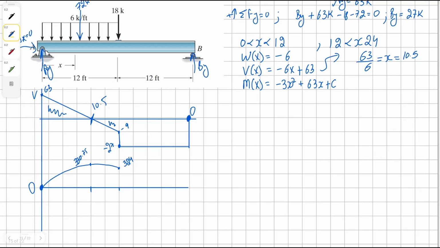After that, we just have this rectangular area, and it's negative. We're going to have negative 27 times 12, which is negative 324, and this curve is going to be first order, and also gets it to 0, confirming that our equation was correct.